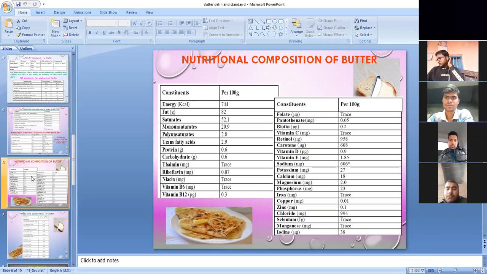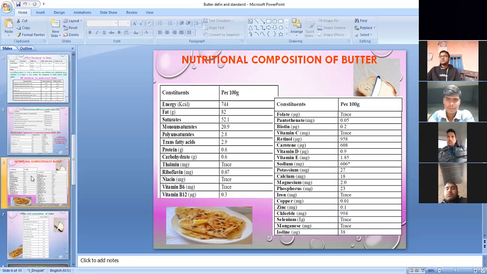Other monounsaturated fatty acids, polyunsaturated acids, trans fatty acids are also present in butter. Polyunsaturated and monounsaturated fatty acids have very good health benefits, so we can get this nutritive value from consuming butter.